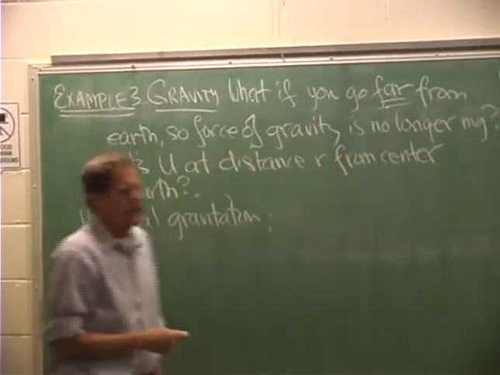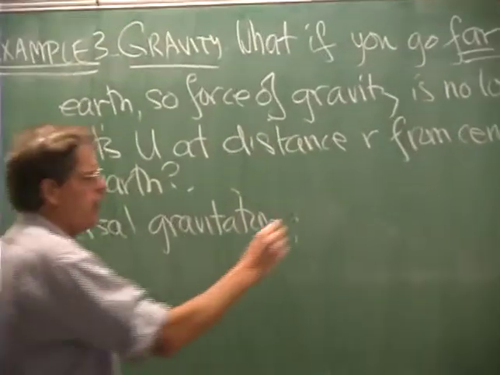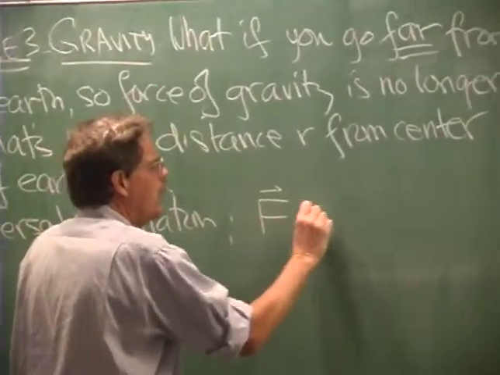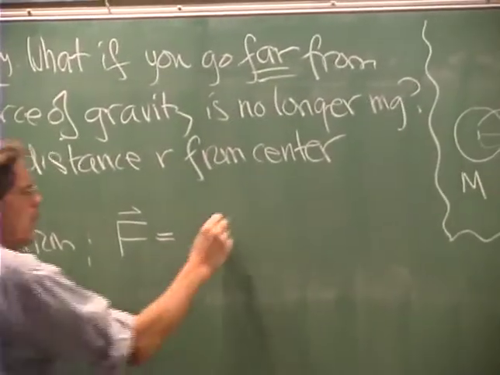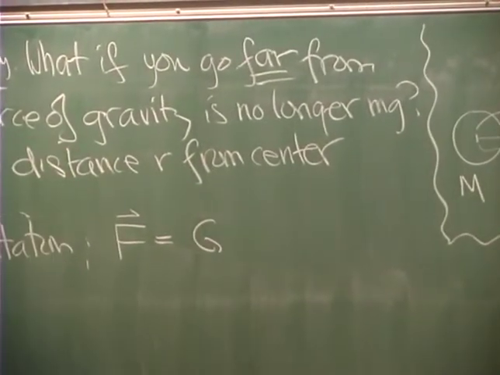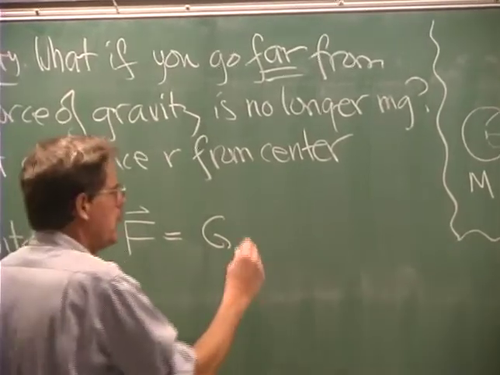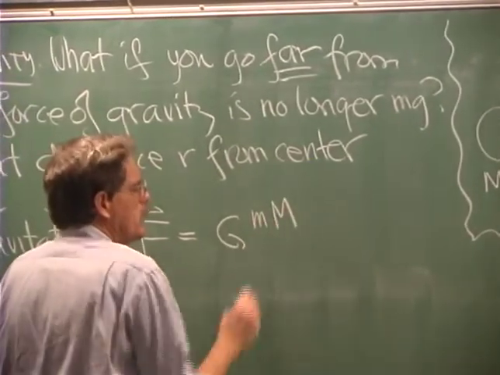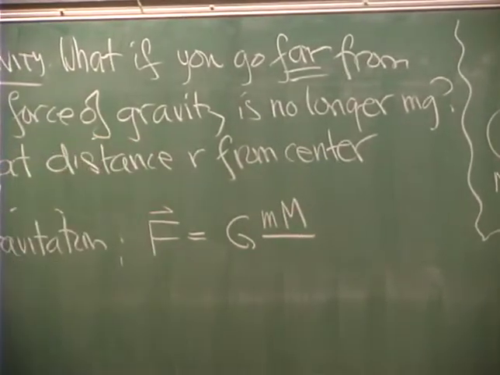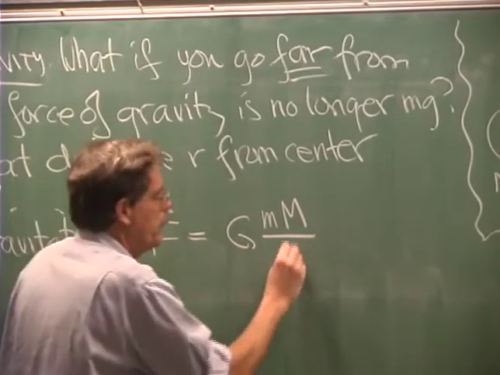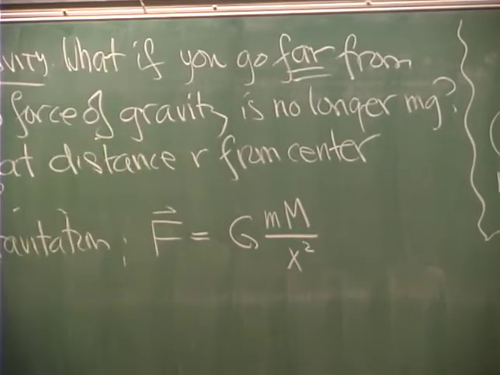Let's take the general case where this is out at a distance x from the center of the Earth. Then the force acting on it would be G, the constant of universal gravitation, the product of the masses, m times capital M, divided by the square of the distance away it is.